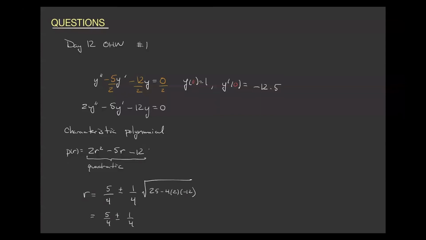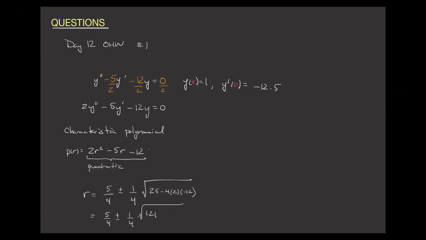And let's see, 25 plus 8 times 12, which is 80 plus 16, 25 plus 96, which if we add 4 here, we'll get 121, which certainly has a nice square root.